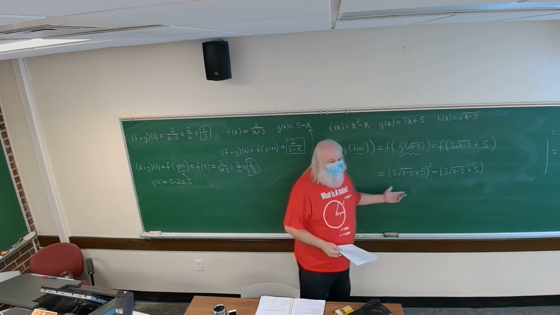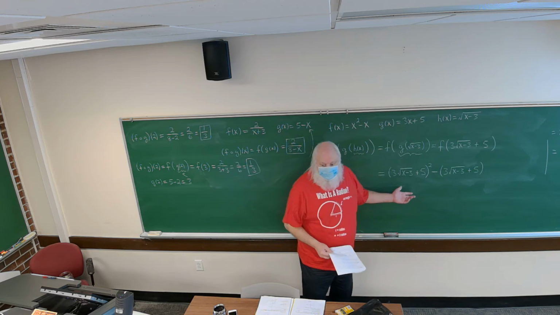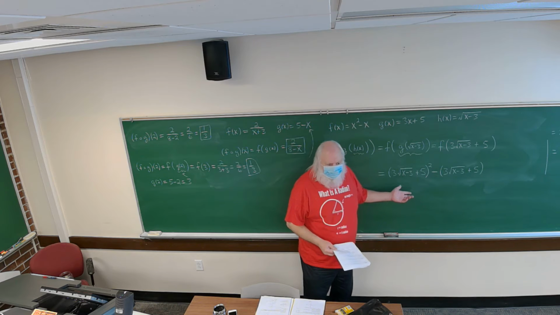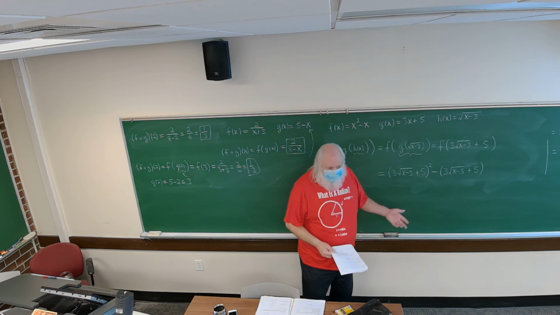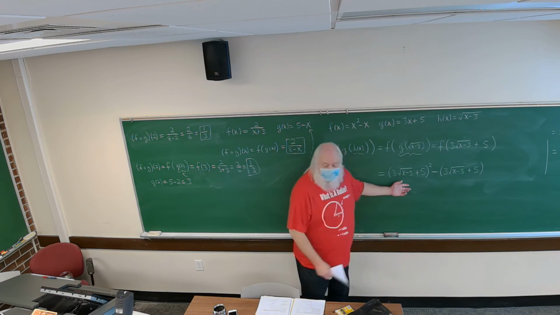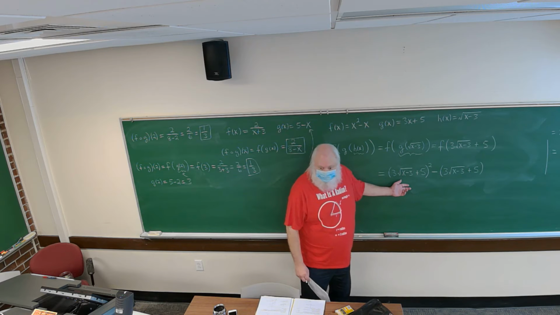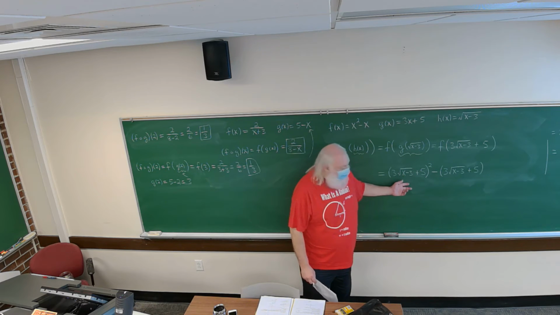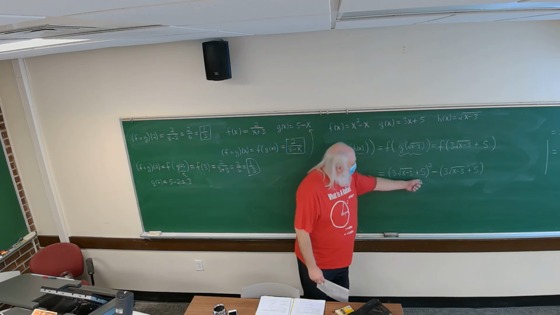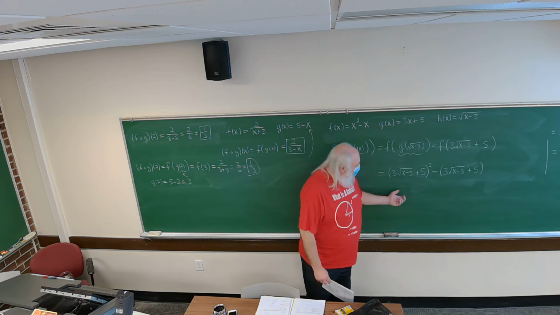Remember those formulas on the first page of section 1.5? Difference of cubes, sum of cubes, difference of squares. But we also had the binomial expansions, for n equals 3 and n equals 2. This is a binomial expansion for n equals 2.